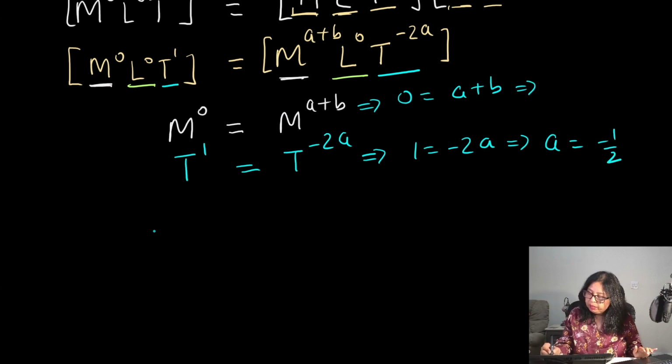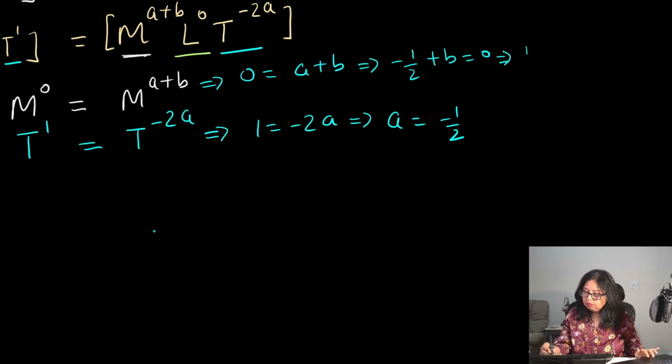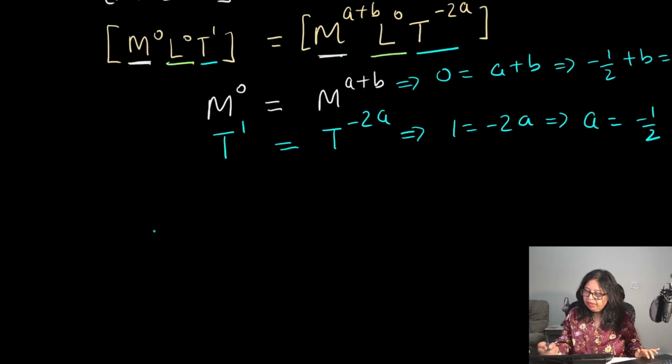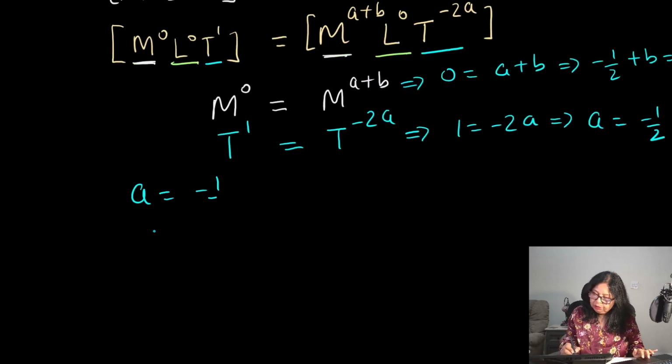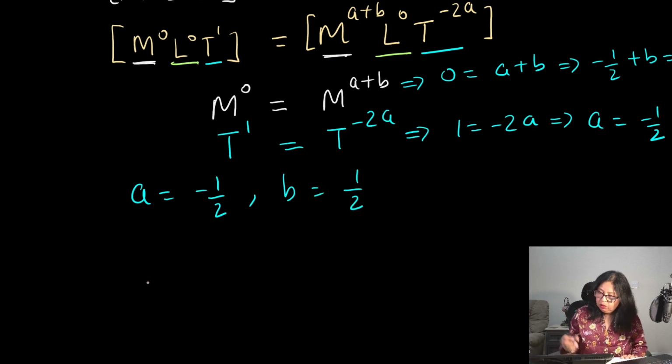When we plug this A up here, this will give us B equals 1/2. So we just got A to be minus 1/2 and B to be 1/2. What was our equation?